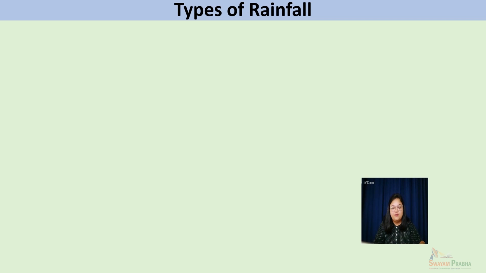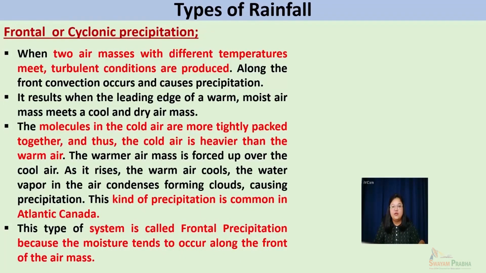The third type of precipitation is frontal or cyclonic precipitation. So as you know, different regions of the world produce different types of air masses. These air masses can be cold, they can be warm. But because these air masses have contrasting temperature, humidity, and other characteristics, they do not converge readily.